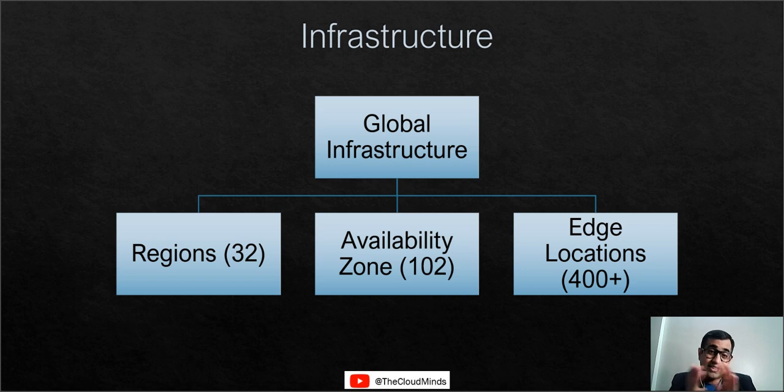All right, guys. So as I said, these regions will again have different availability zones. These availability zones will have different data centers, and there is something called edge locations. Now, what are these edge locations? Edge locations are also called points of presence, wherein these are physical servers which act as nothing more than a cache.